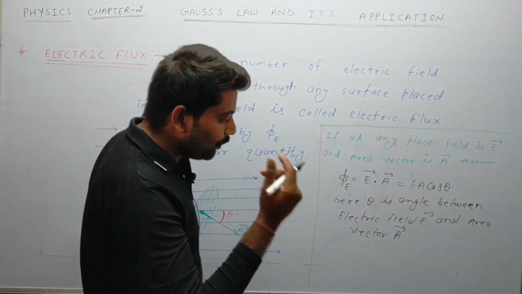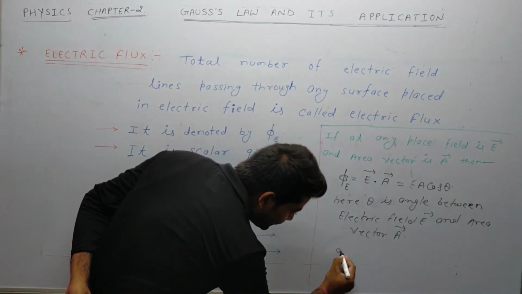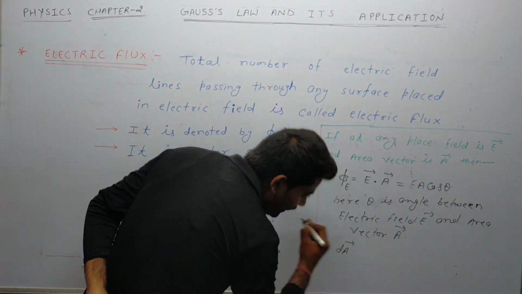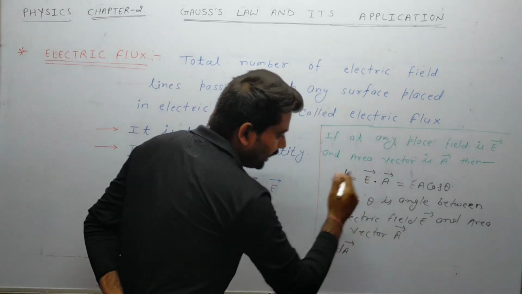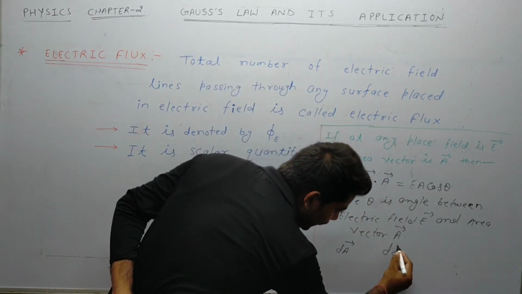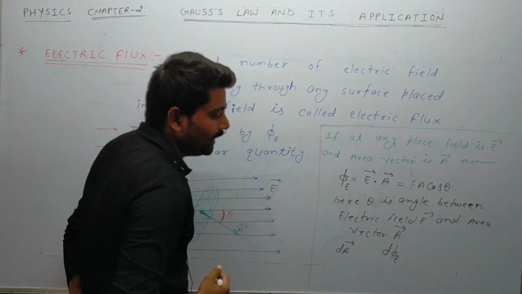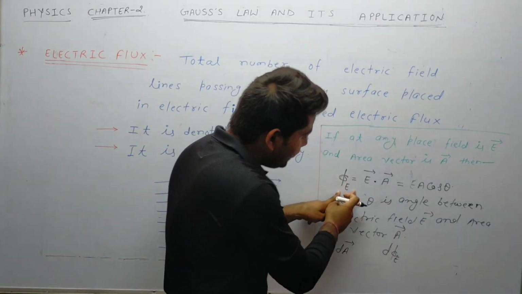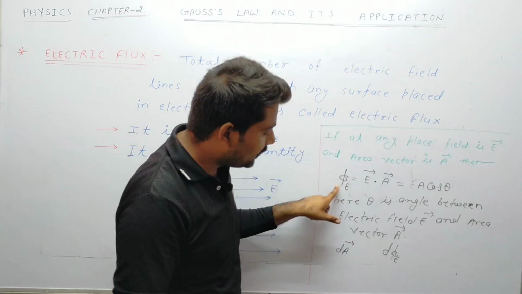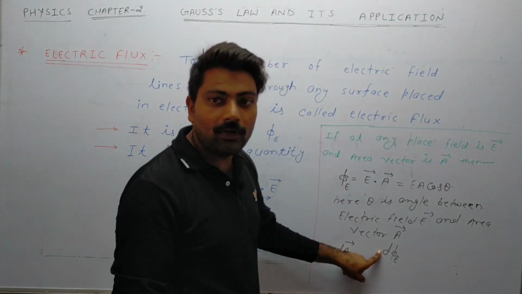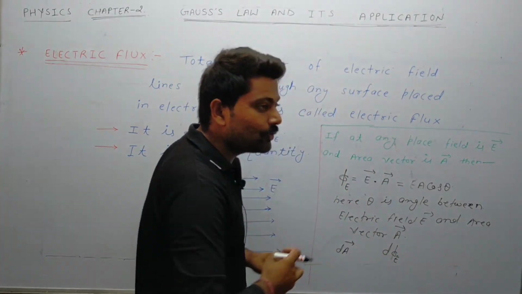If there is a small area, denoted by dA vector, then the formula can be written as d phi E. Why d phi? Phi E means total flux, but d phi E means small flux because the area is also small.